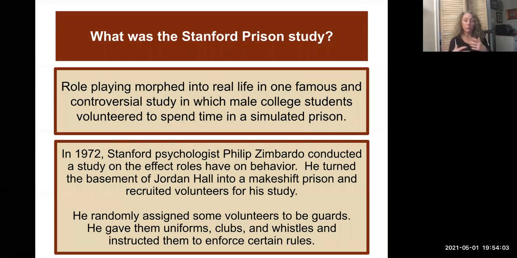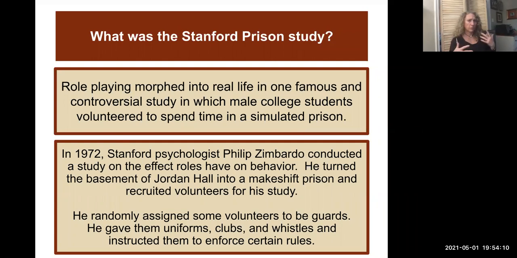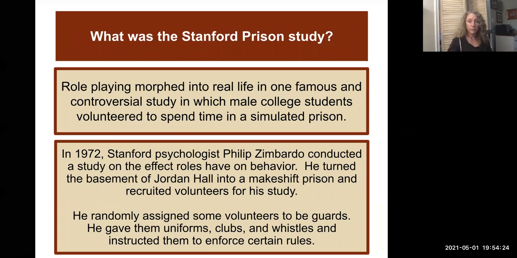And they really tried to simulate it and make it seem like a real experience. So I think they were planning to do it for several weeks. And they even went to the college students' homes and arrested them, just like a real situation where they might have to go to prison or go to jail.